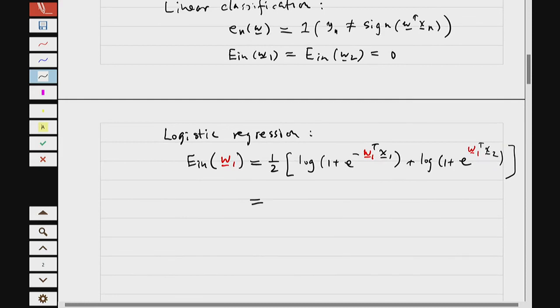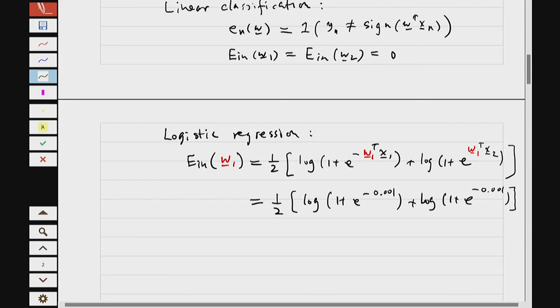Once you have this, then you just substitute in the numbers. So 1 plus e to the minus 0.1, and then log of 1 plus e. If you multiply them out, for x2, it turns out still to be minus 0.1. Be careful, there's no typo here.